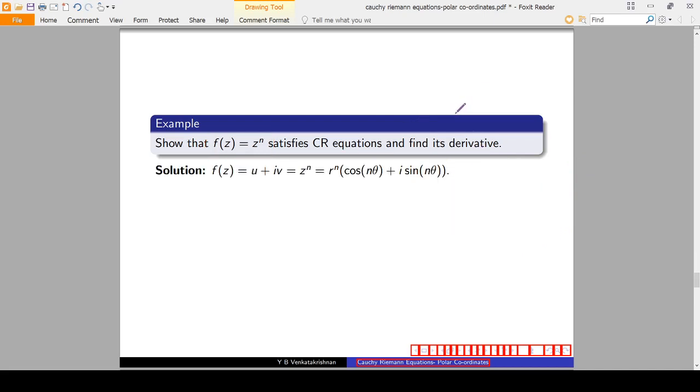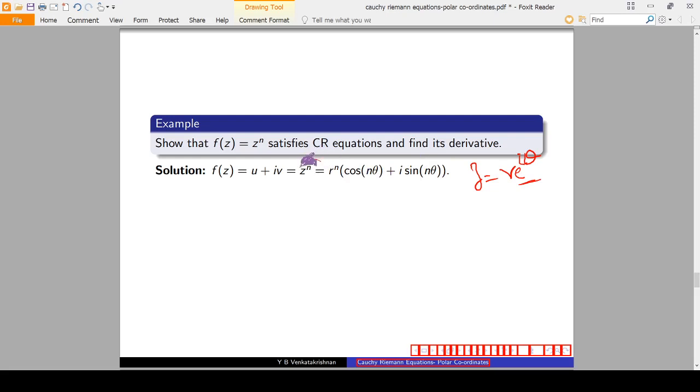So now I will use the polar form and find the derivative. I substitute z equal to r e power i theta, and you know that this Euler form e power i theta is cos theta plus i sin theta.